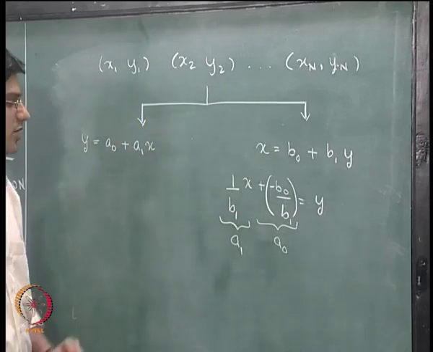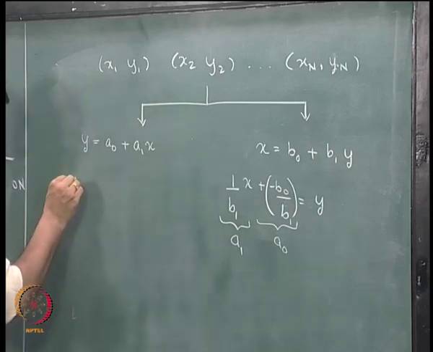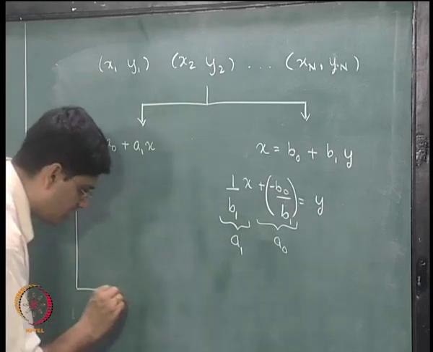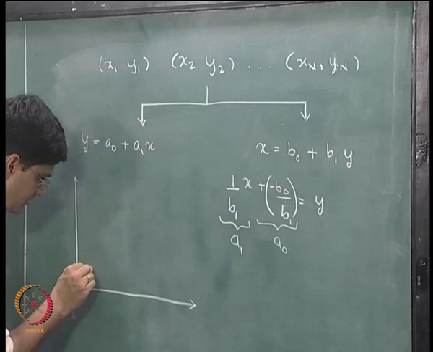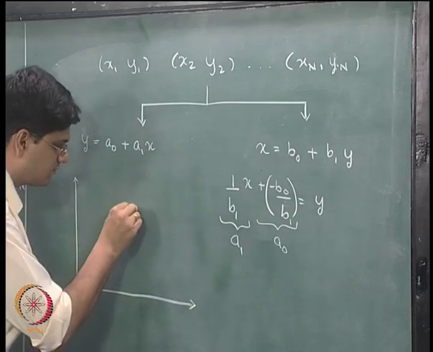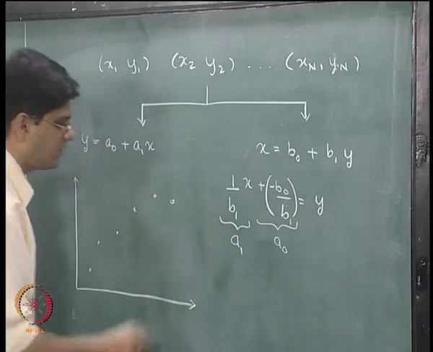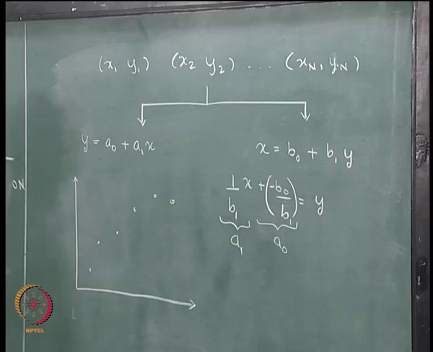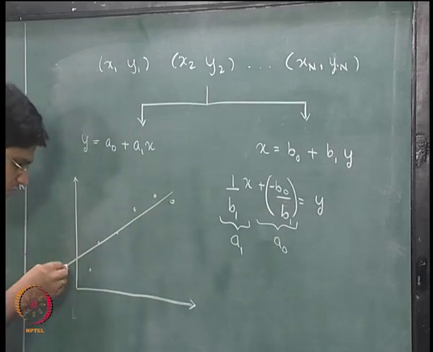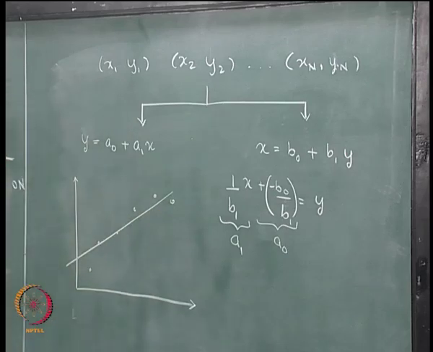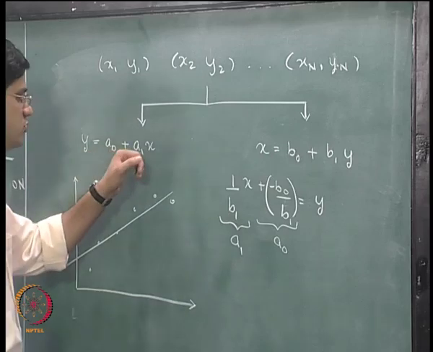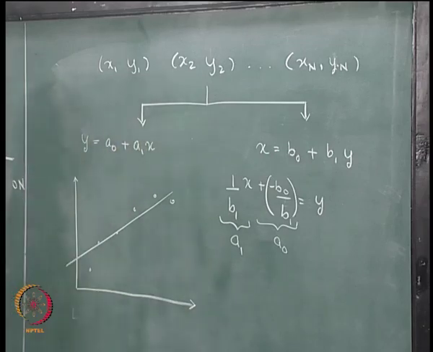So what I am saying is this: let us say we have data as before, and let us say we got this particular line as y equal to a0 plus a1x.